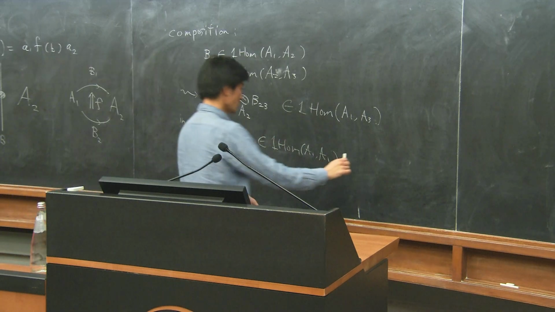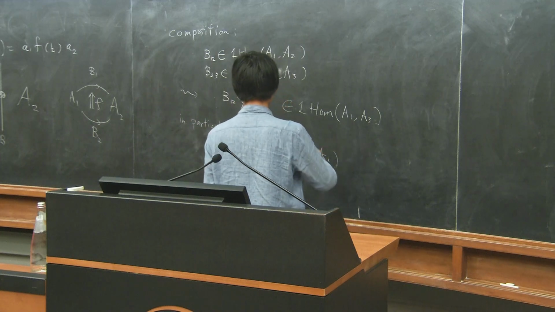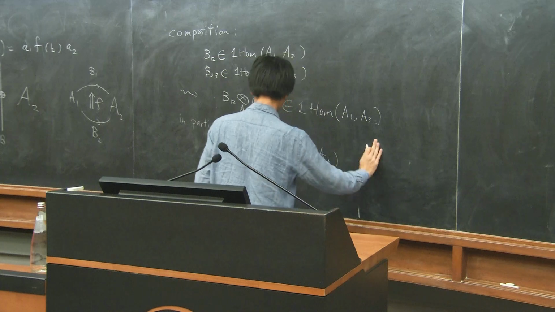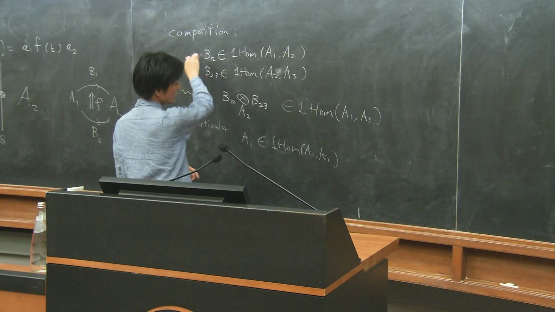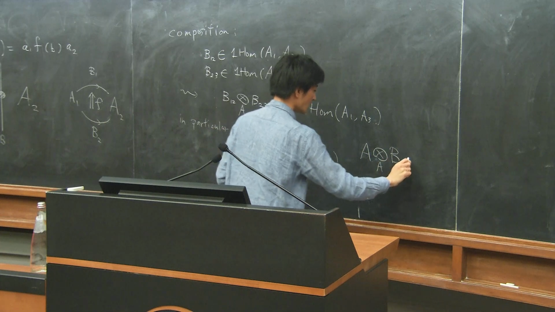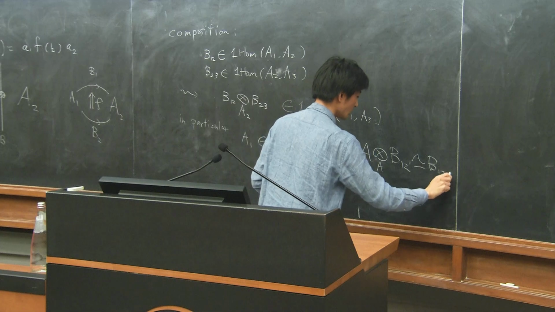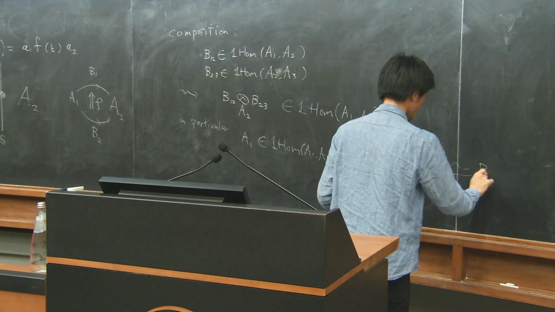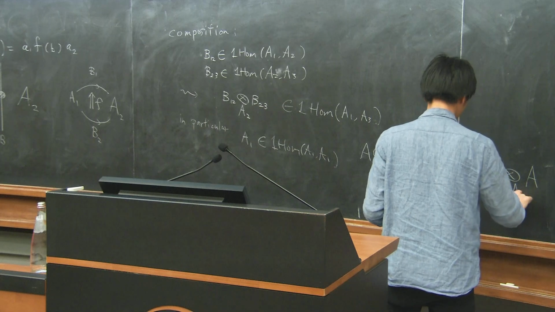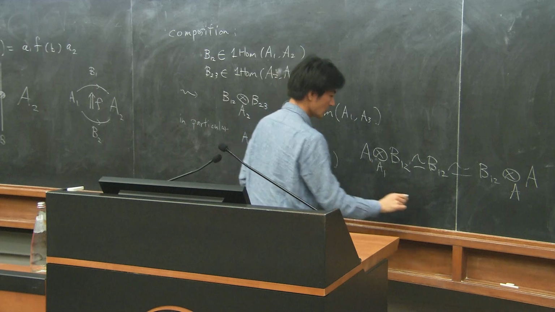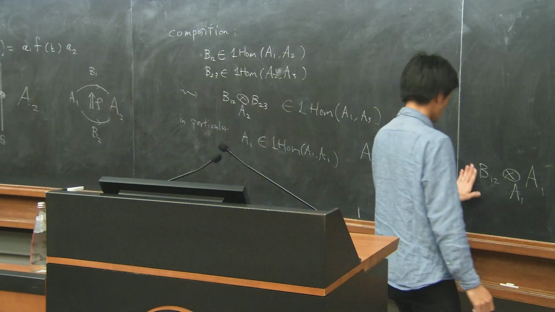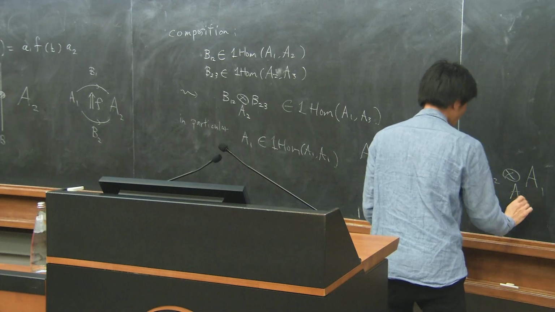And then you can easily convince yourself from the definition of the tensor product of algebra that for any B12, A tensor over A B12 is B12, and it is also so for B12 tensor A. Maybe A1. Oh, no, this doesn't make sense, sorry. A2 here. A2 here.